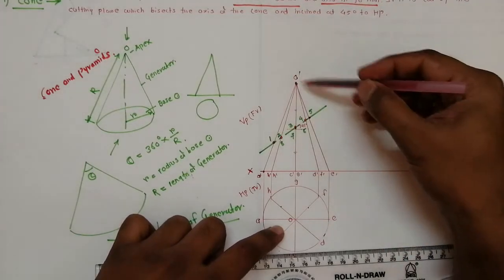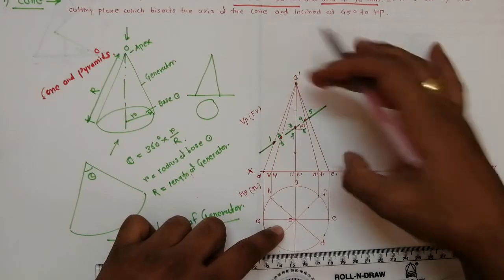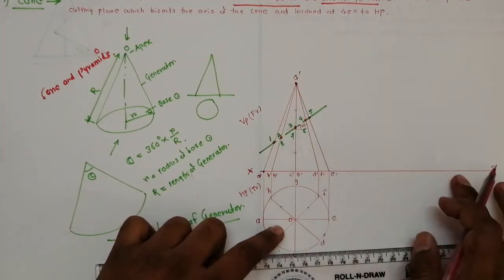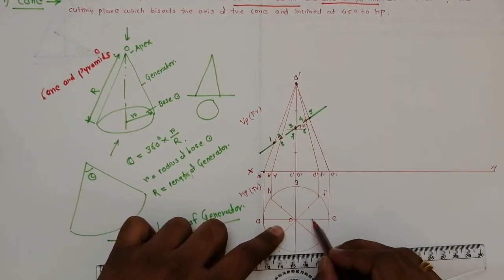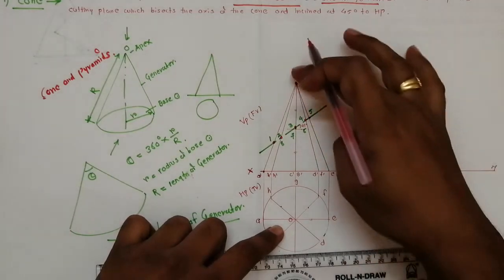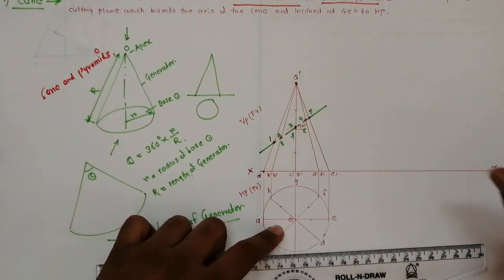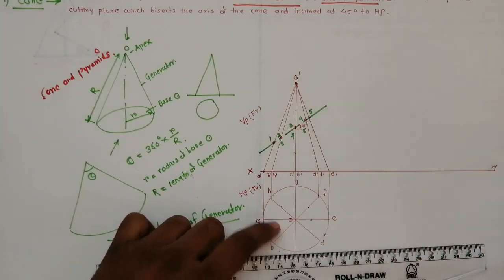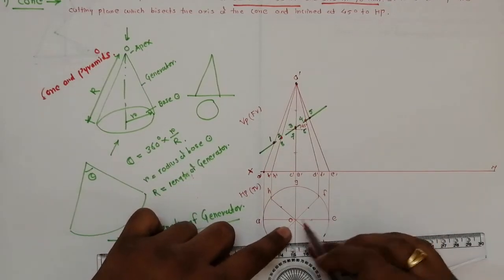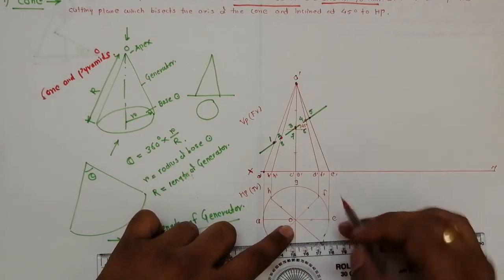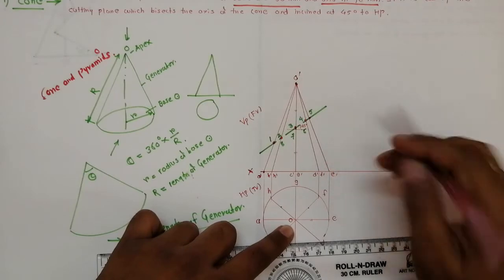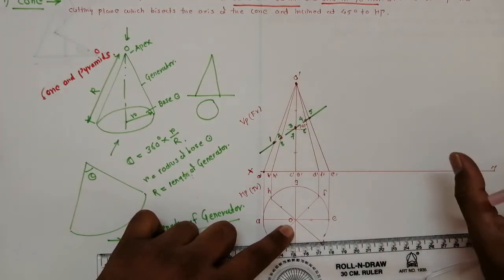Now you see that this O dash E dash is inclined in front view, but in top view it is parallel to xy. So this OE is parallel to xy, so this O dash E dash will represent the true length in the front view. Now if you see OF is inclined in top view, so O dash F dash will not represent the true length in front view.